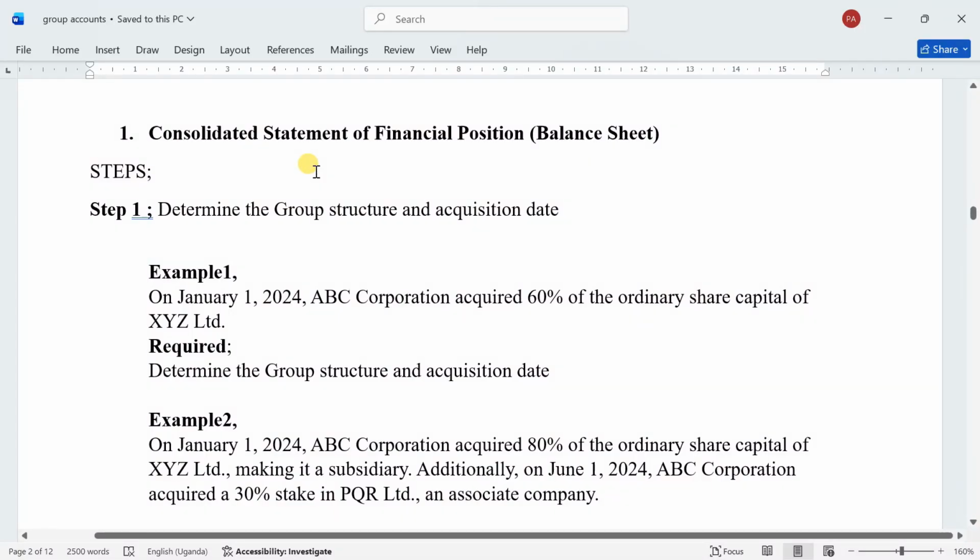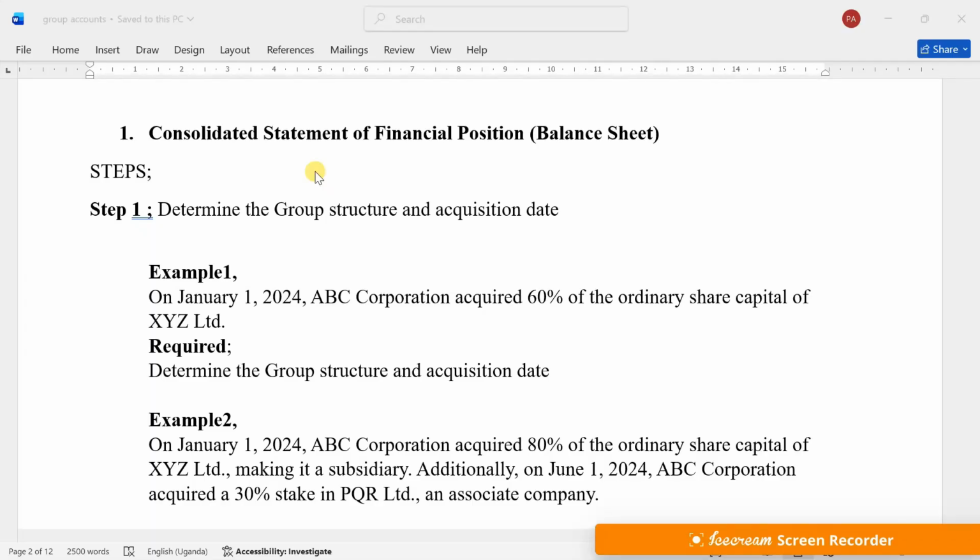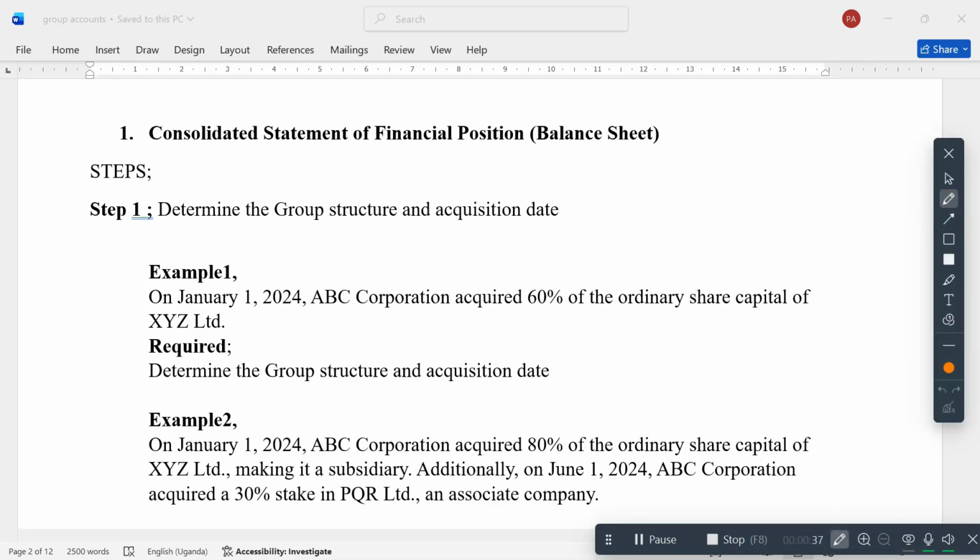Yesterday we looked at the consolidated financial statement, where we are going through different steps.